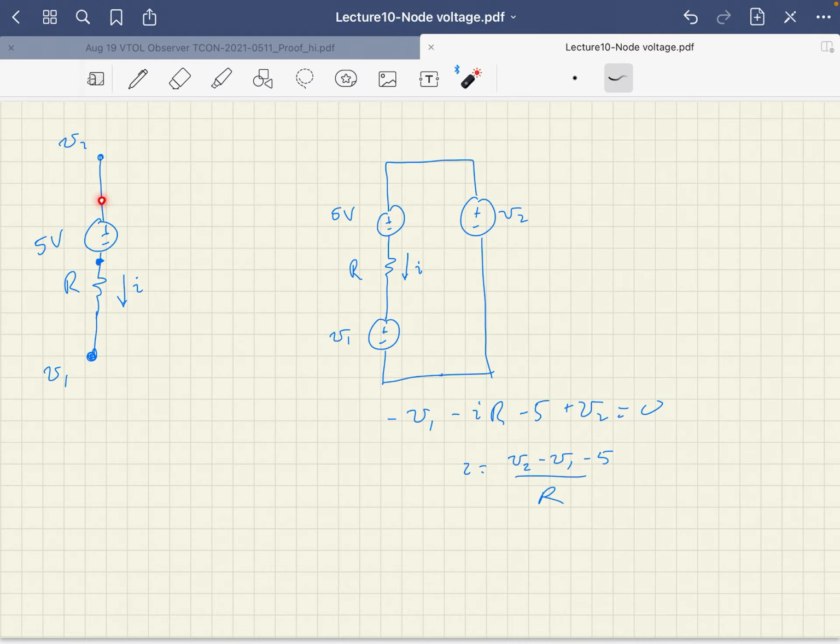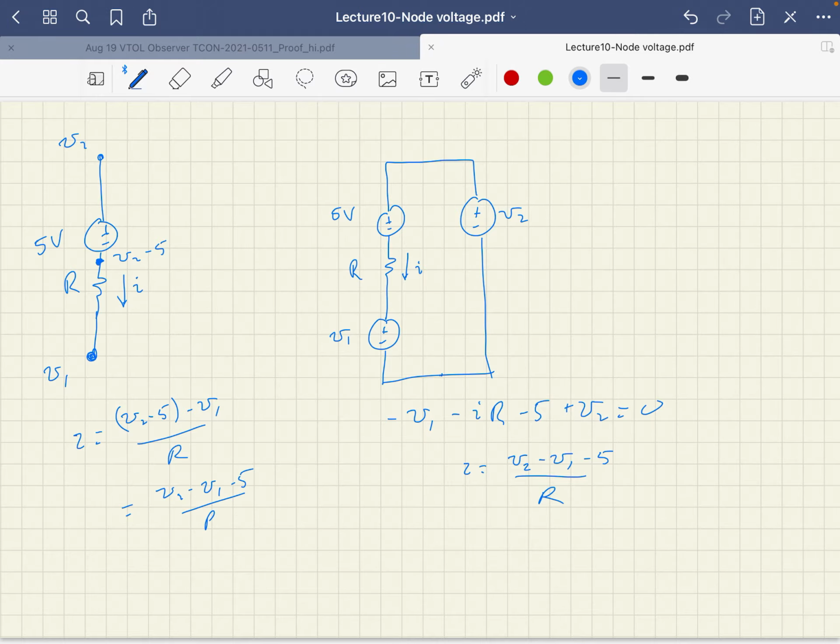So if that's V2, this one right here has to be V2 minus 5, so that this point here is V2 minus 5 plus 5, or V2. And in that case, I is going to be (V2 minus 5 minus V1), the difference between that and that, divided by R. So V2 minus V1 minus 5 over R.